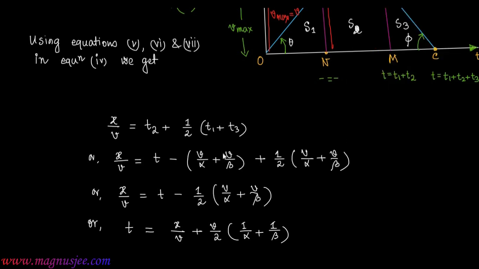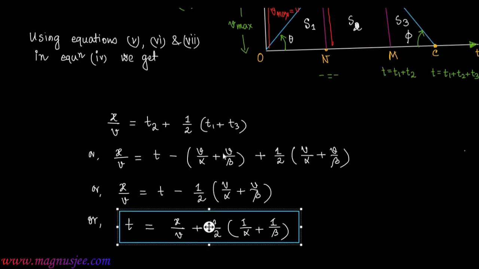We get the expression of total time interval T, which is equal to x by V plus V by 2 into 1 by alpha plus 1 by beta.